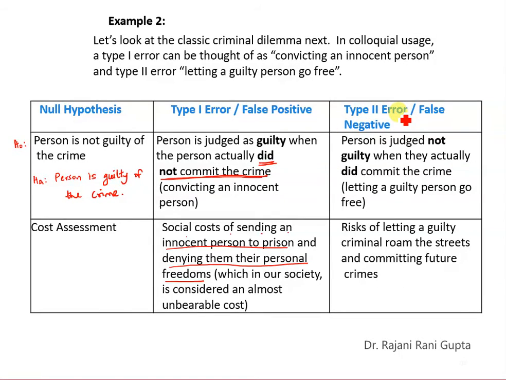Now type 2 error is when the person is judged not guilty when they actually did commit the crime. The person is guilty but was set free because of a lack of evidence. The cost is the risk of letting a guilty criminal roam the streets and commit future crimes. So these are the two types of errors corresponding to this scenario.